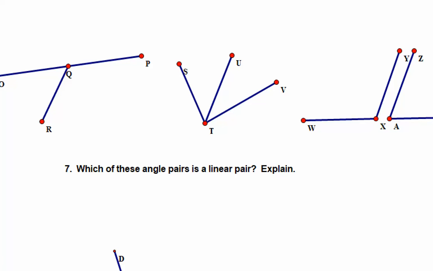For question 7, which of these angle pairs is a linear pair? You can name the angles, or you could simply refer to them as pair 1, pair 2, or pair 3. Remember, linear pairs are next to each other, and their sides form a straight line.